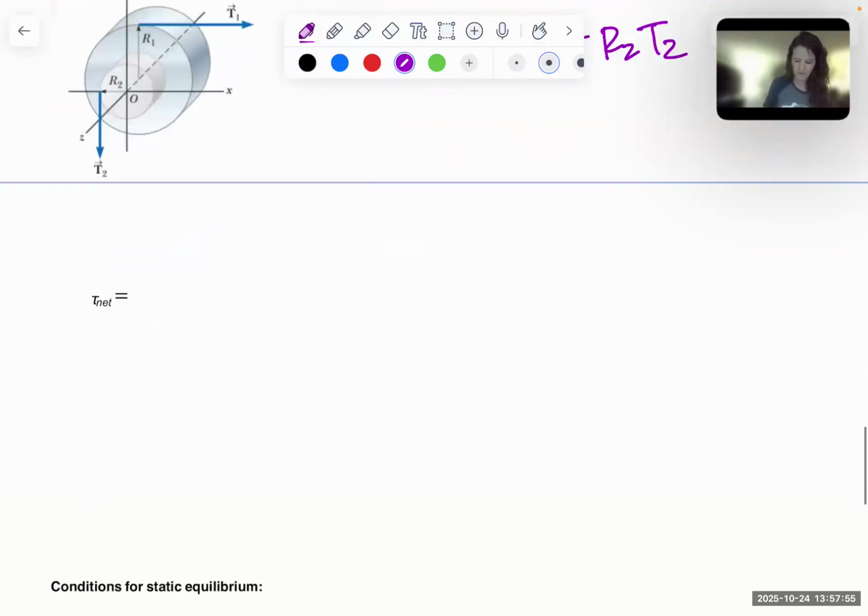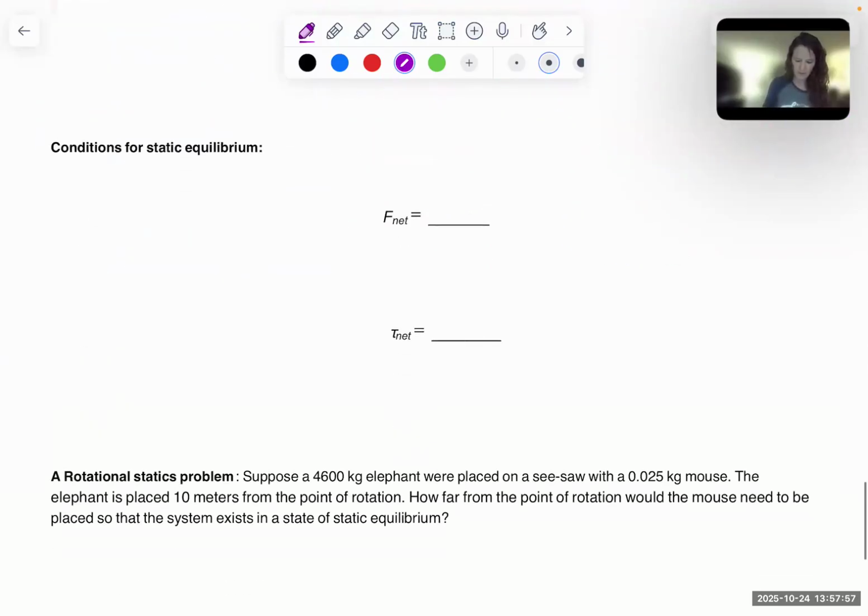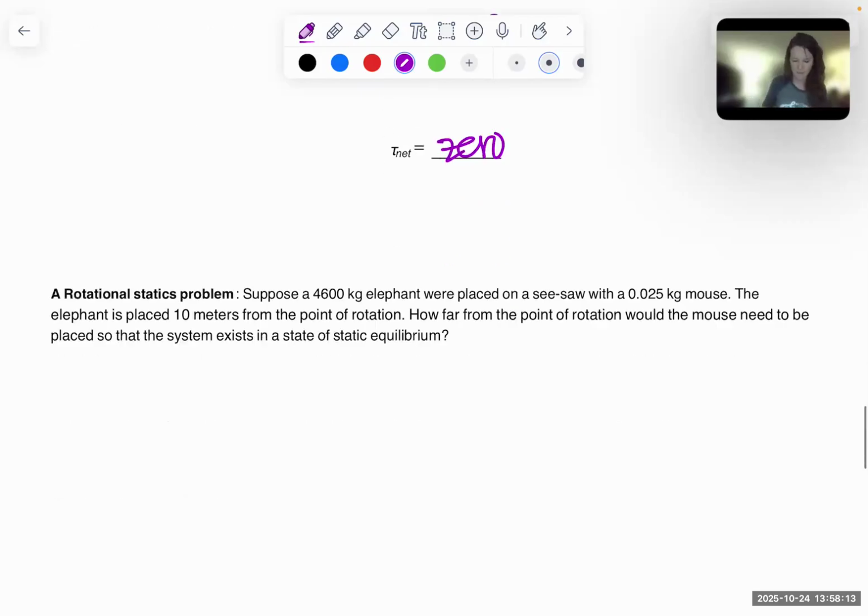We got that. All right. Last little bit, conditions for static equilibrium is that my net force is 0 and my net torque is 0. So this is how we're going to be dealing with rotations. As long as everything equals 0, then we can make an equation with our forces or with our torques, and we can find out a lot of information about that.